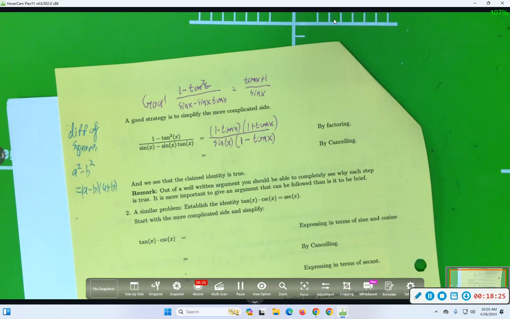Now that we've factored, do you see anything that cancels? Anything shared between the numerator and denominator? The 1 minus tangent looks like it'll cancel. Let's cancel them.